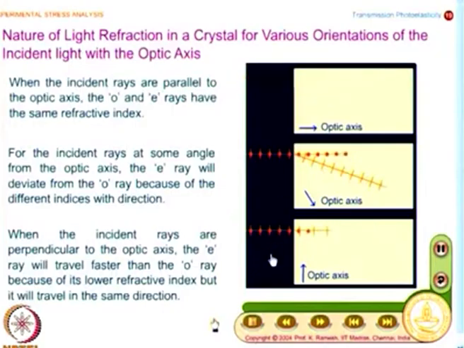And in the third case, both the ordinary and extraordinary rays travel in the same direction, but because of different refractive indices, they travel with different velocities. So, now what I find is, for one incident beam, I have two refracted beams, their planes of polarization are mutually perpendicular, and they also acquire a retardation within the crystal.